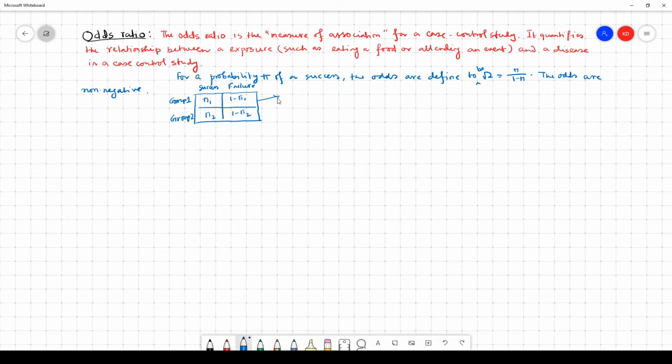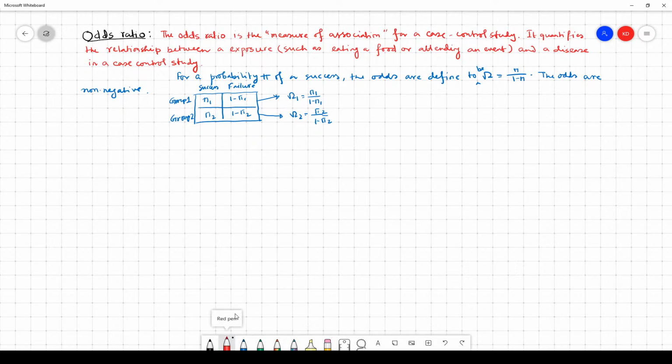So the odds for group 1, I denote by omega 1, which is equal to pi 1 by 1 minus pi 1. Similarly, for group 2, omega 2, the odds for group 2, is pi 2 by 1 minus pi 2.